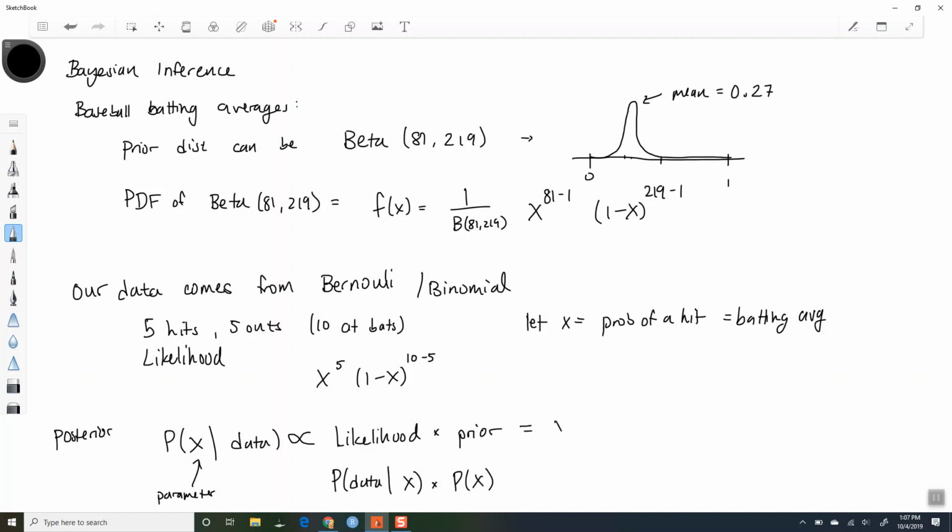Okay, and so when we combine this, we have the likelihood, which is x to the 5th times 1 minus x to the 10 minus 5, and we're going to multiply that by the prior, which is 1 over B(81, 219) times x to the 81 minus 1 times 1 minus x to the 219 minus 1.